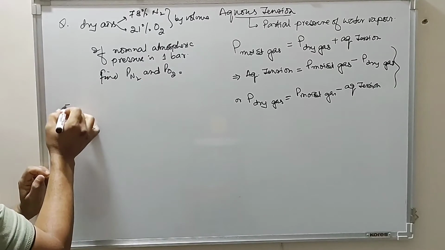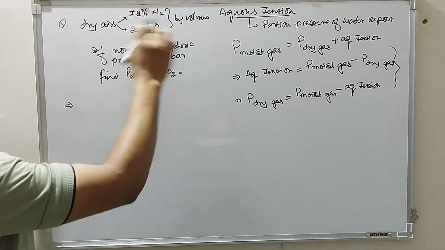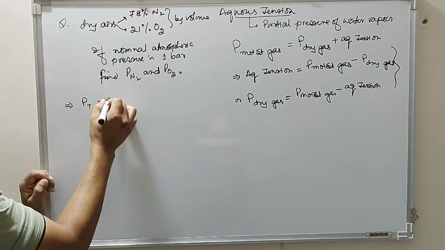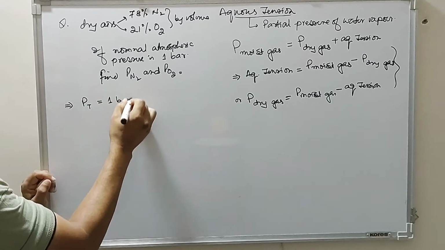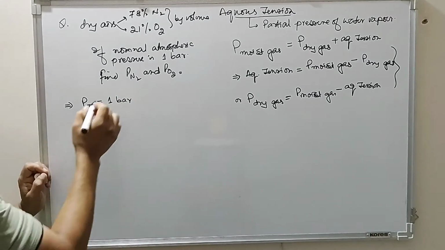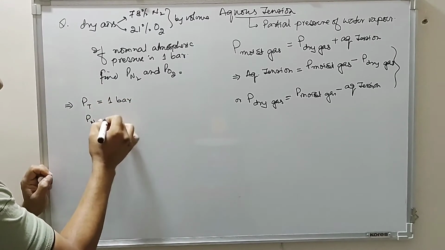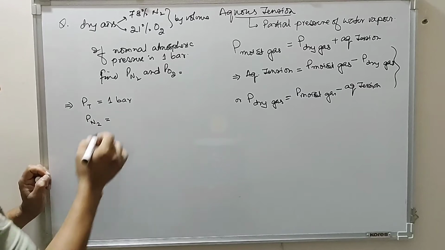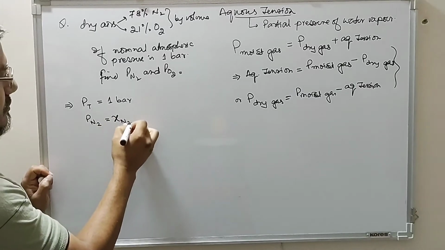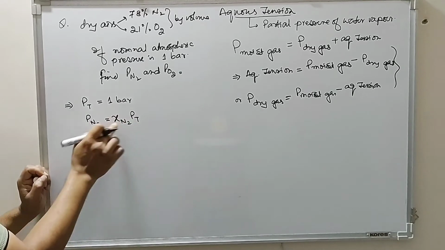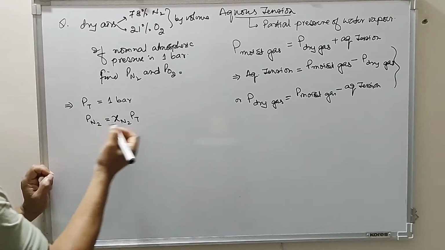So look at this. The question says normal atmospheric pressure, that is the total pressure of dry air, is 1 bar. Then we have to find the partial pressure of nitrogen. To define this, we need the mole fraction of nitrogen into total pressure. Total pressure is already given as 1 bar.